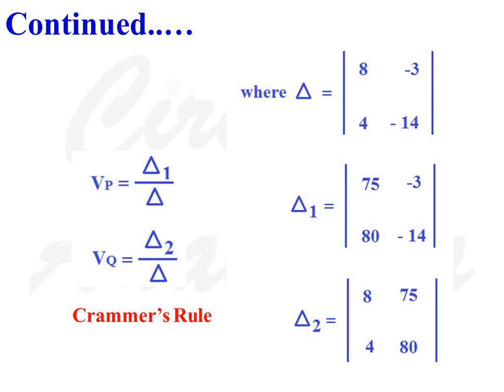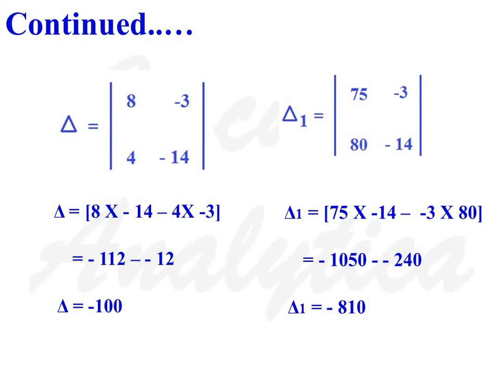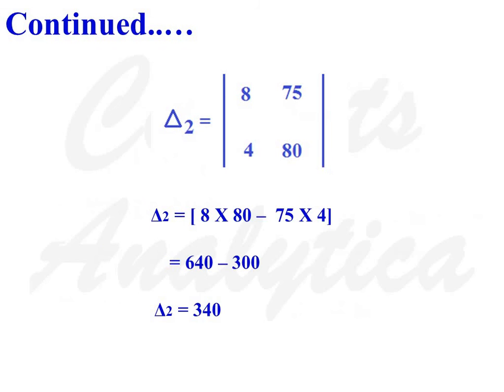And delta 2 is equal to determinant of [8, 75; 4, 80]. So we will get delta is equal to minus 100 and delta 1 is equal to minus 810. Delta 2 is equal to 340.